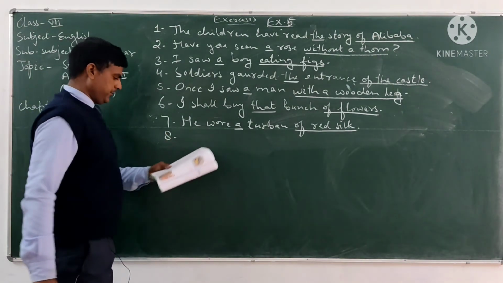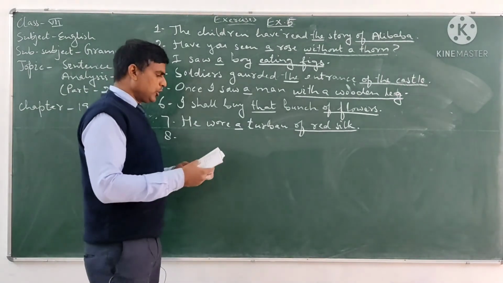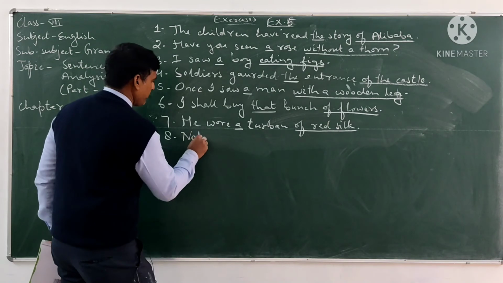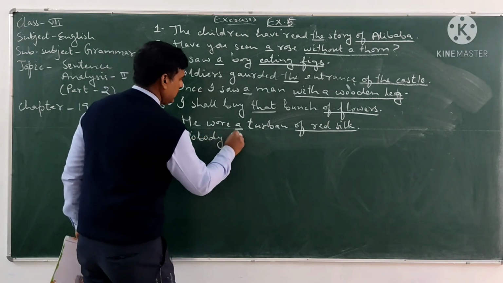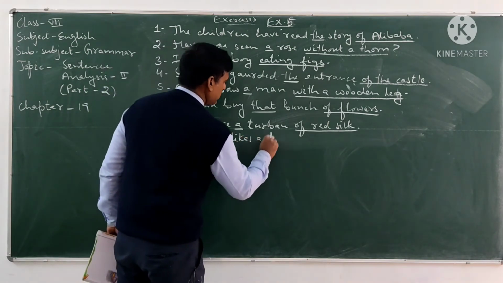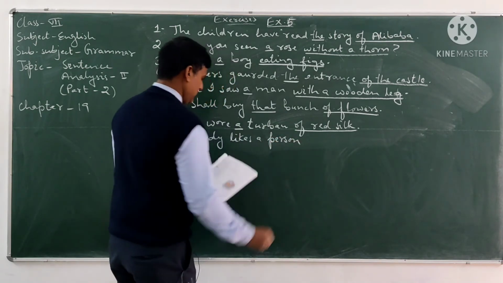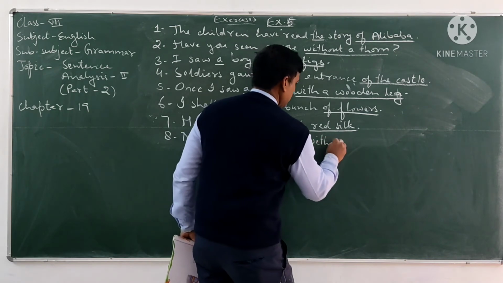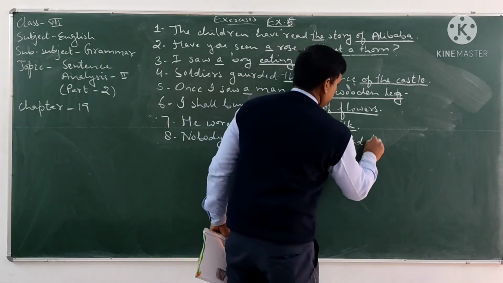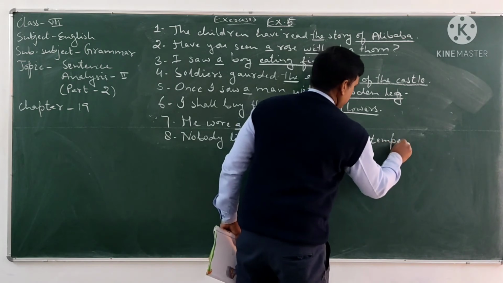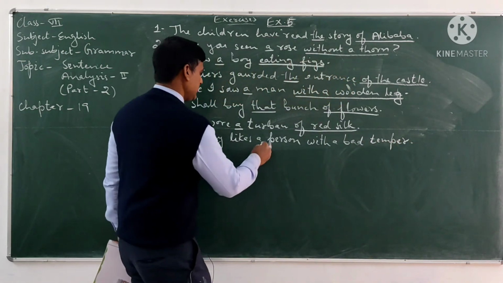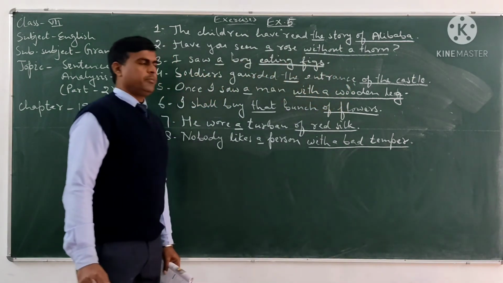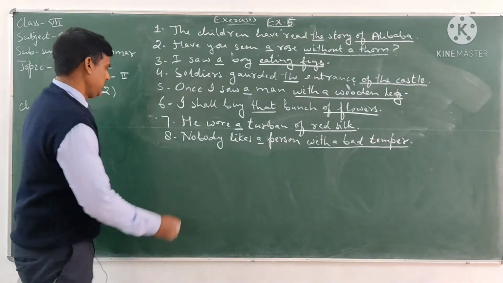Sentence number 8 is, nobody likes a person with a bad temper. In this sentence, a and with a bad temper are the enlargement of object.